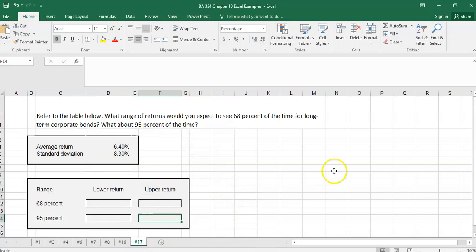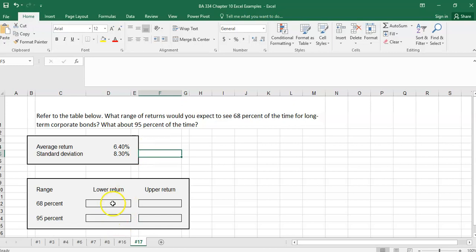In example 17, we're going to look at what range of returns we would expect to see 68% of the time and 95% of the time. So we're going to have the lower return and the upper return. So if we have an average return plus our standard deviation, what kind of range are we going to see as a potential on long-term corporate bonds?